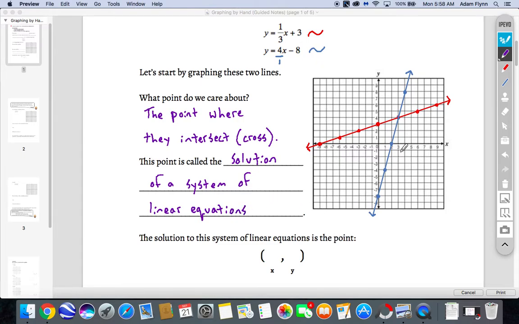Okay, so if I take a look at where these two lines cross, it looks like I go over 3 on the x and up 4 on the y. Therefore, the solution to this system of linear equations is going to be the point (3, 4).